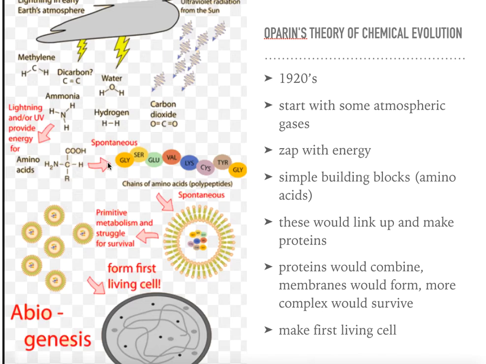These amino acids could therefore combine into chains of amino acids, proteins, and those chains could form a cell. These would be primitive pre-cells, and then it would make the first cell. Okay, so that was his theory.